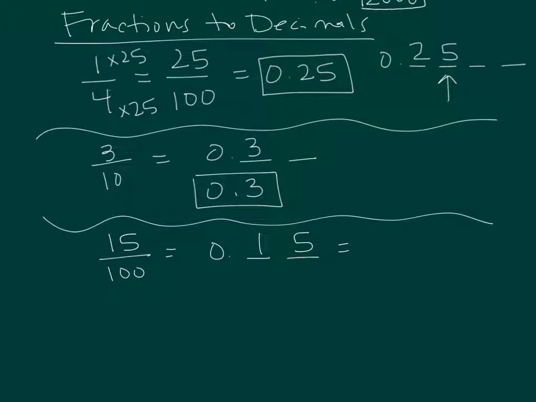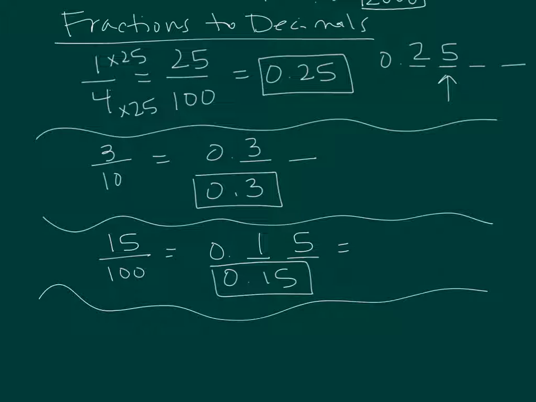Therefore, it's 0.15. Because that's 15 hundredths, and so is that. That's 3/10, and so is that. That's 1/4, and so is that, because this is 25 hundredths, and 25 out of 100 is 1/4. I'm sure it's all starting to make perfect sense.